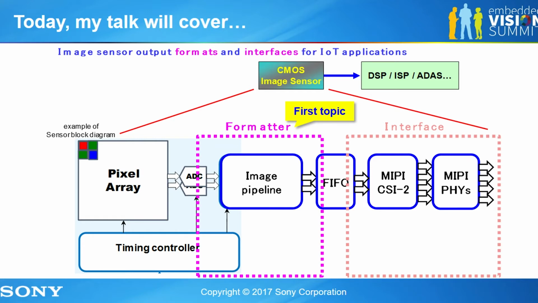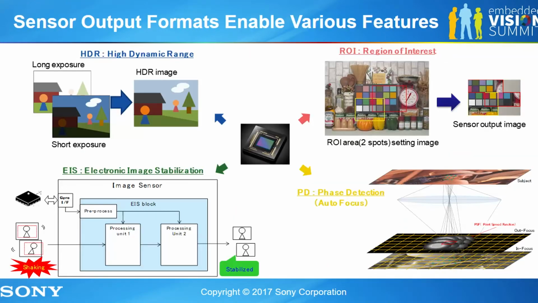We have, in the image sensor block diagram, an example with our image processing pipeline here, composed of specific formats, standardized or something. So, image sensor formats enable various features, as you may know.